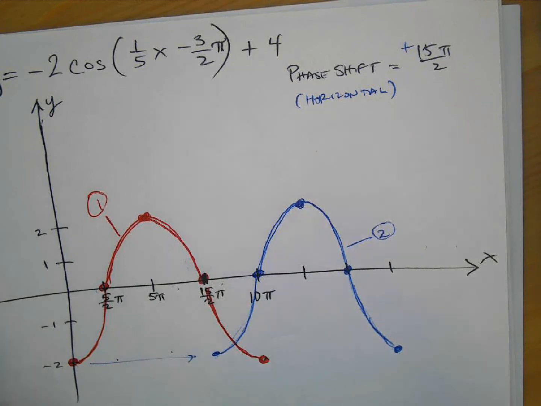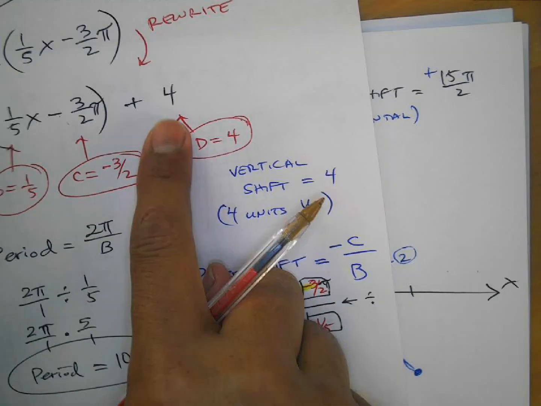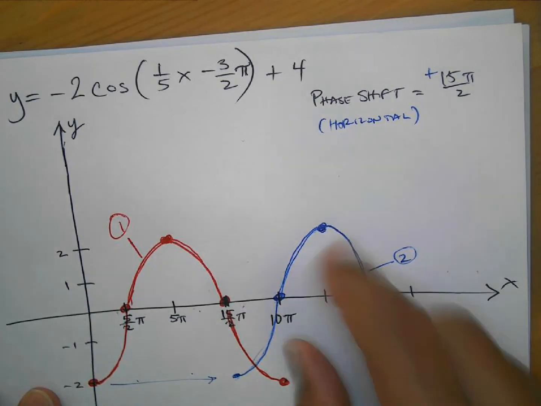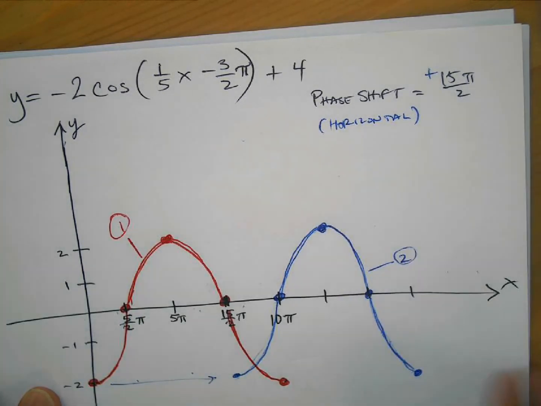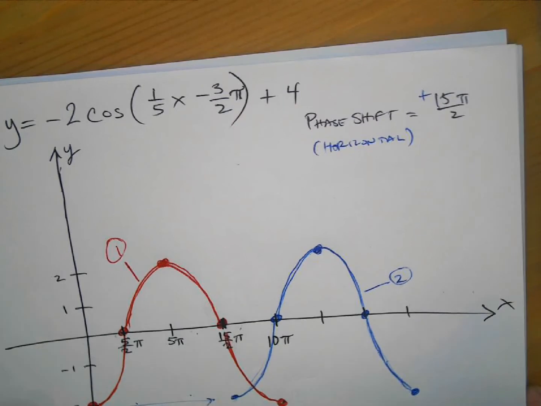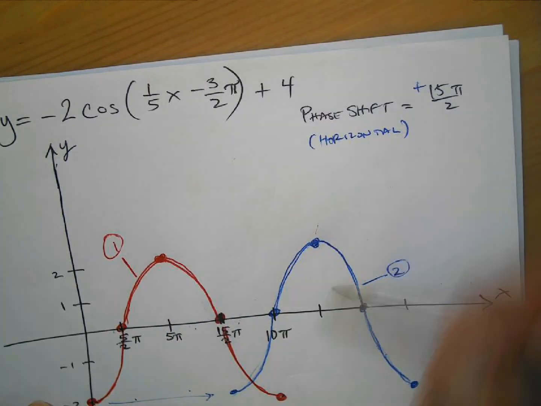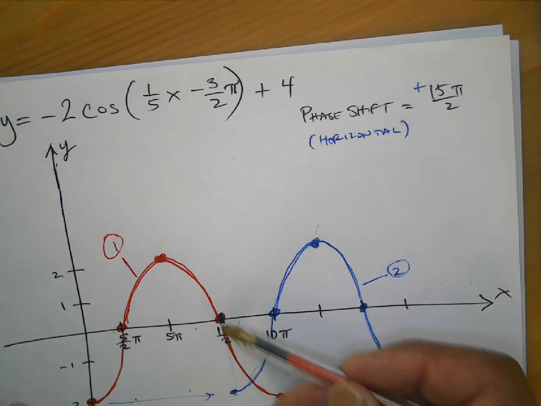What's last? The vertical shift. Remember we talked about the vertical shift? It's 4 units up. So what does that mean? From this blue one, this red one's kind of not here anymore. It got moved over here. We got to move it 4 up. Ooh, it's going to go way up here, right? Let's start with this one. 1, 2, 3, 4.